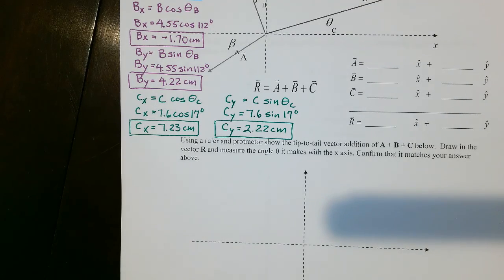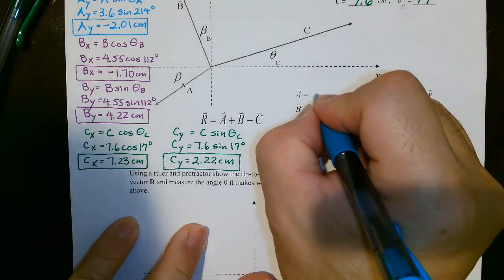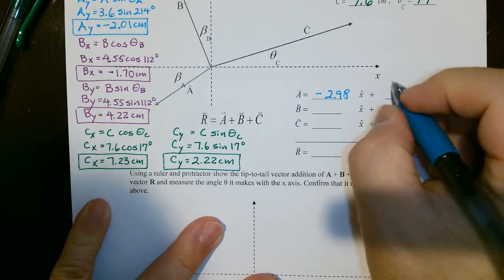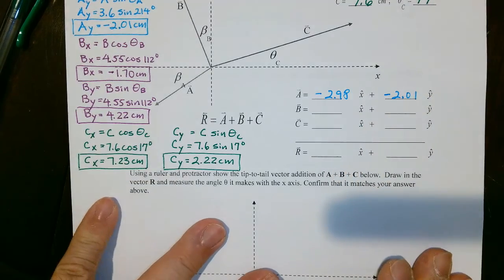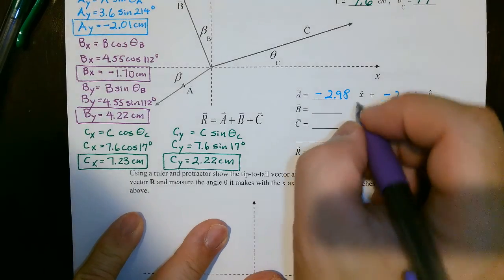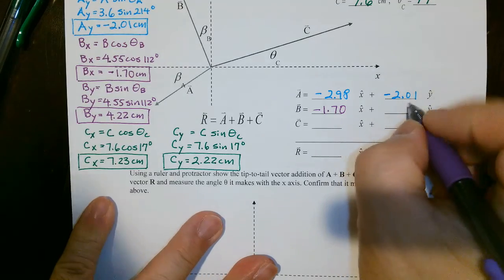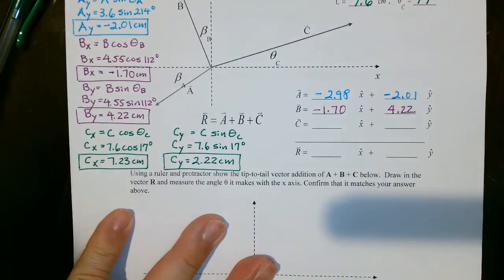So now you have all the ingredients for your calculations in component form. All right. I guess we can fill these in. So A is negative 2.98 x hat and negative 2.01 y hat. And for B, it is negative 1.70 x hat and positive 4.22 y hat.